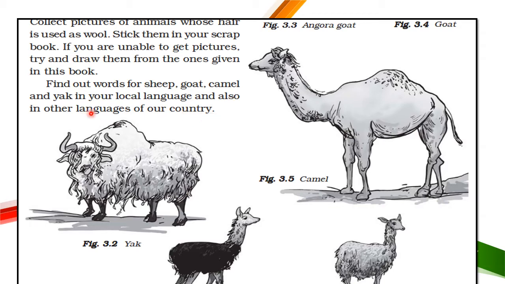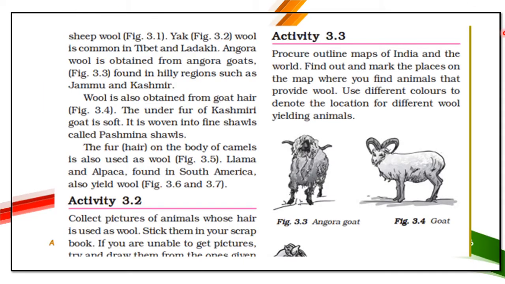So try to find out. Activity 3.3. Procure outline maps of India and the world. Find out and mark the places on the map where you find animals that provide the wool. Use different colors to denote the location of different wool yielding animals.